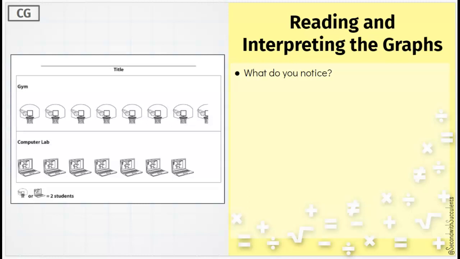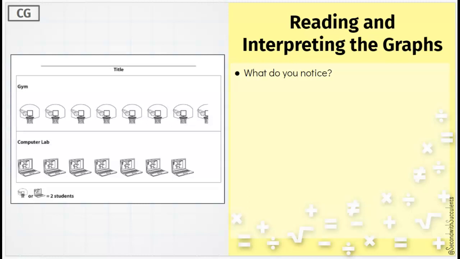I want you to take a moment and look at this graph and think about some of the things that you notice. Now you may have noticed a few different things. You may be thinking that this looks pretty similar to some of the other graphs that we've seen, and you would be right.